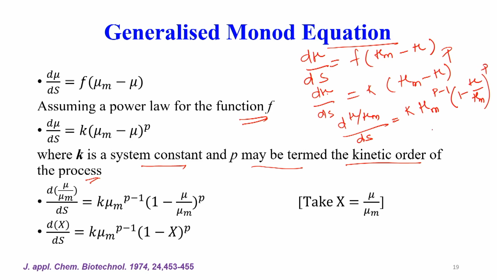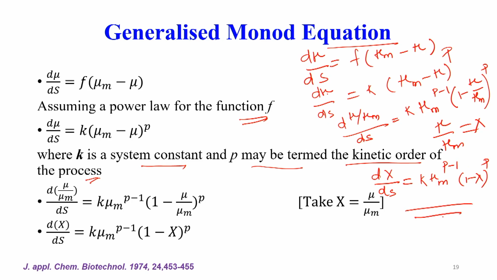We can further simplify by putting mu upon mu max as x. Now, this equation is simplified as dx upon ds equals k mu max to the power p minus 1 into (1 minus x) to the power p. Now, it is easy to integrate this equation.